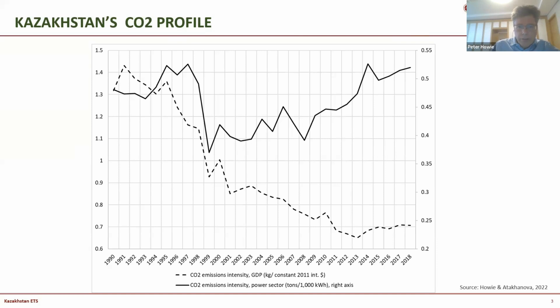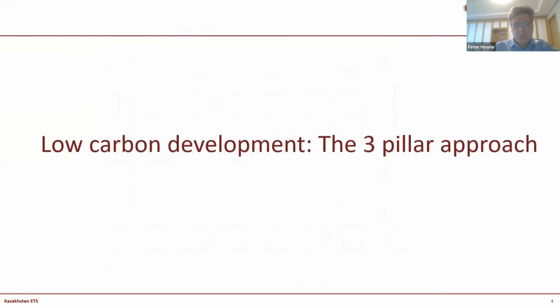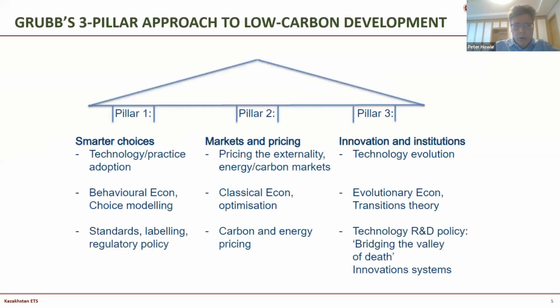Okay, so that puts the carbon profile into context. Let's look at low carbon development. I'm going to use a 3-pillar approach, which originates from Nicholas Stern's climate work. From Nicholas Stern, Michael Grubb continued his research, and I'm going to concentrate on Michael Grubb's work.